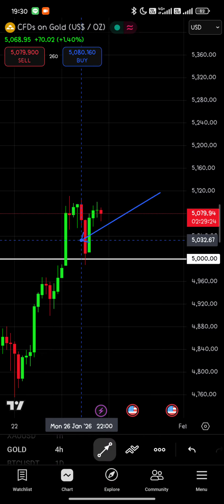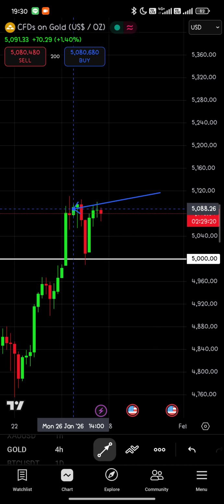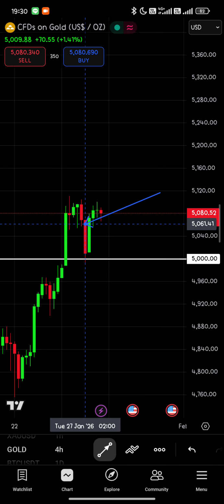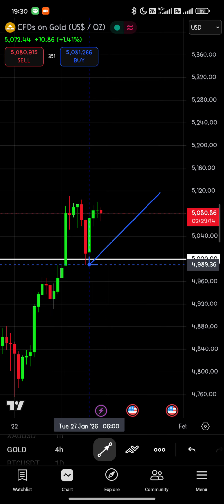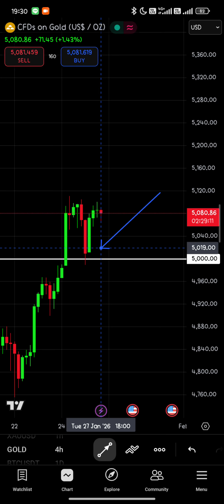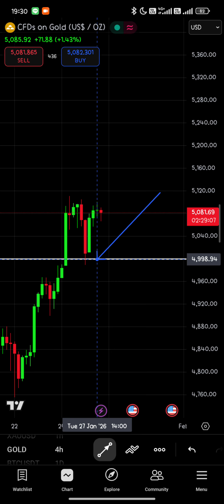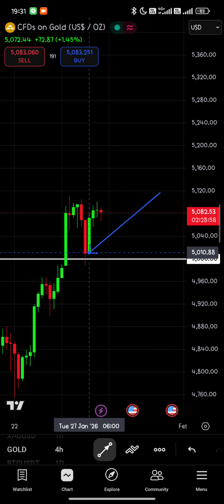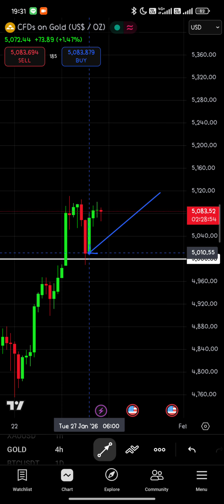So a foundation or a base price is when price has cleared off buyers and sellers, has cleared off imbalance from the market before creating a reversal, and that reversal is the new foundation of the current market price, which means this foundation would have lots and lots of orders, lots and lots of limits waiting at this foundation or this key support, because by touching this support, which means buy limits are triggered.